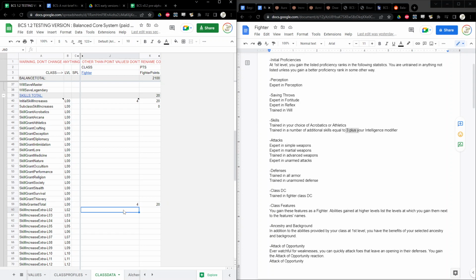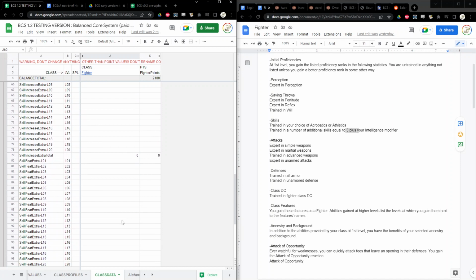And what that means is, yeah, your skill increase to legendary may only cost 5 points, but it's level locked to level 15. You can't get it before level 15. So even though it only costs 5 points, it's still level locked to level 15. And that's where the balancing of it comes in. And it is balanced. As long as you balance it the same across all classes, it does end up balanced.